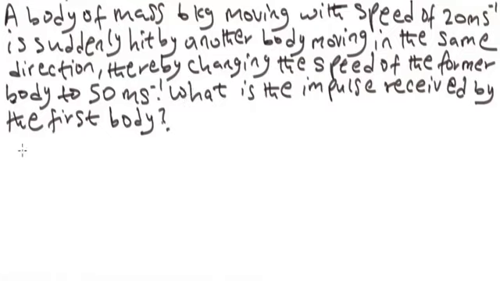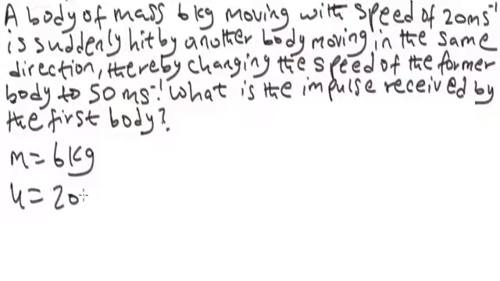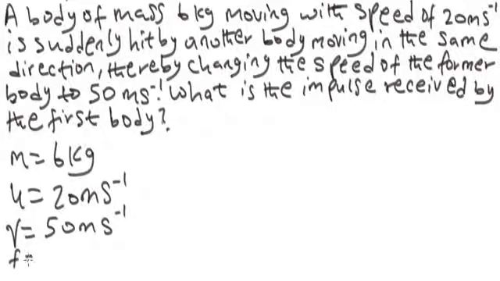Let's bring out our parameters. We have our mass to be 6 kg, initial velocity u to be 20 meters per second, and final velocity v to be 50 meters per second. F is unknown, t is unknown.